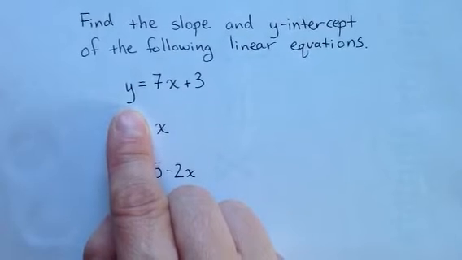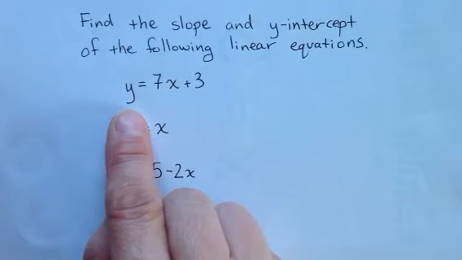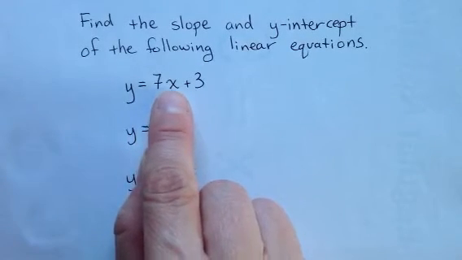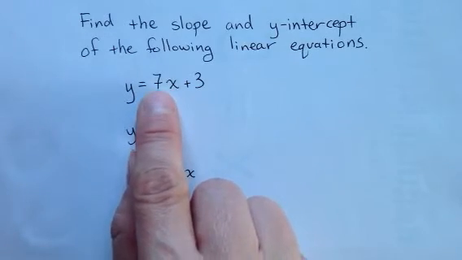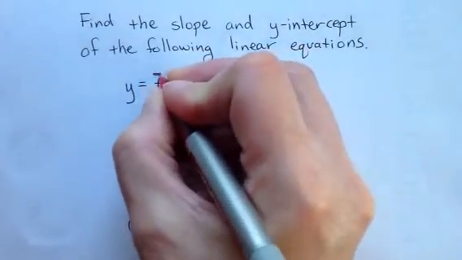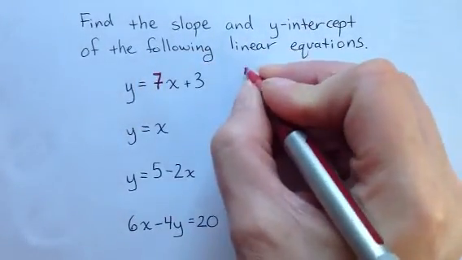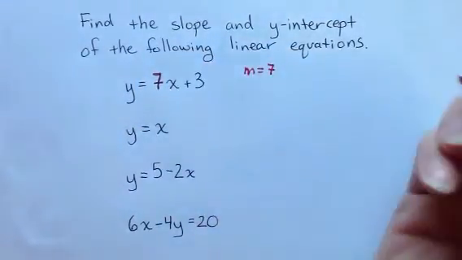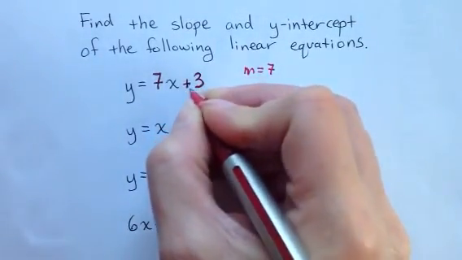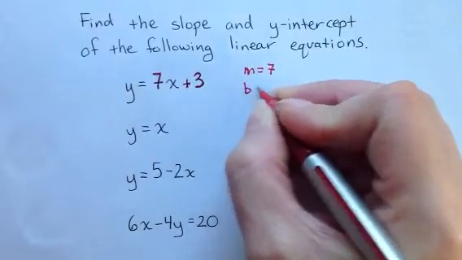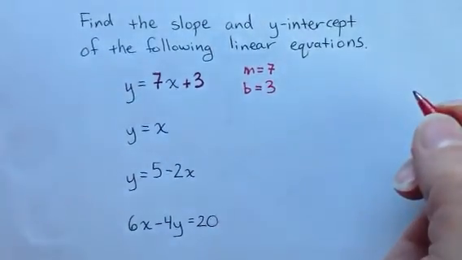I am not going to have to do any work to identify the slope and y-intercept. So the coefficient of x, in this case our variable term was first, is 7. So that's going to be our slope. The slope of this first line is 7. Our y-intercept is the constant term, the second term. So the y-intercept is 3.